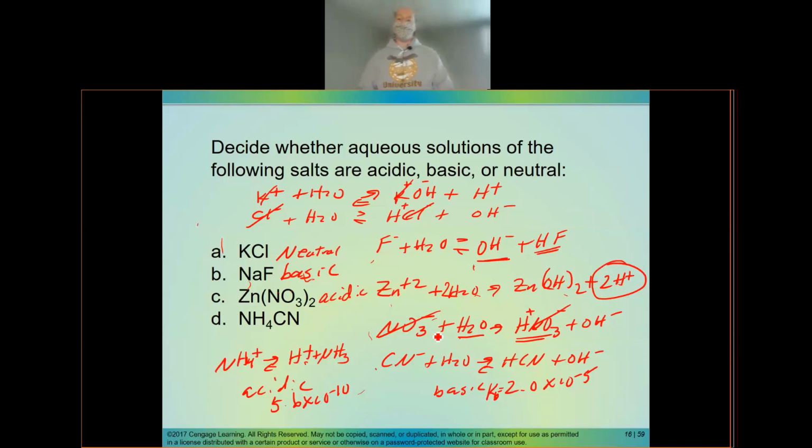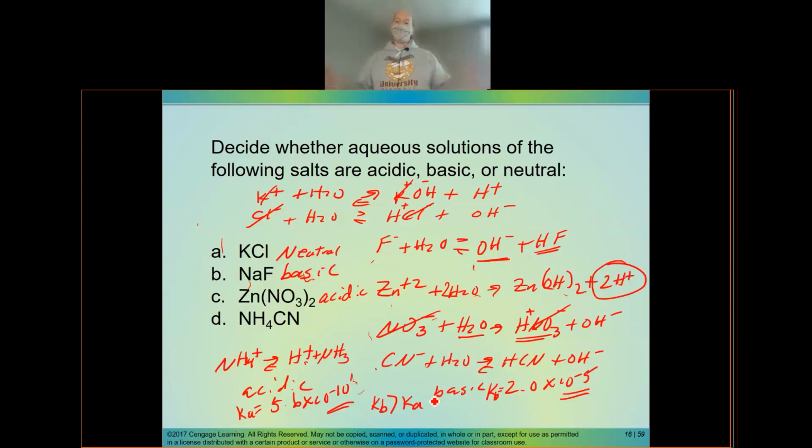It's 2.0 times 10 to the minus 5. We look up the Ka for the NH4 plus. The Ka is 5.6 times 10 to the minus 10. All right, minus 10 is much, much, much smaller than minus 5. So here, your Kb is much larger than your Ka.